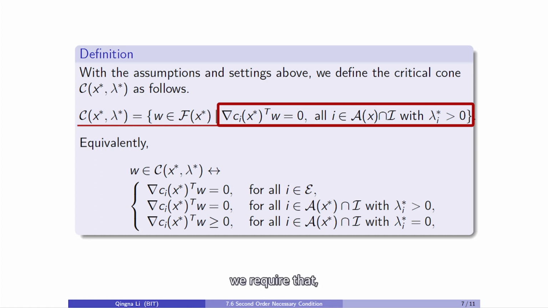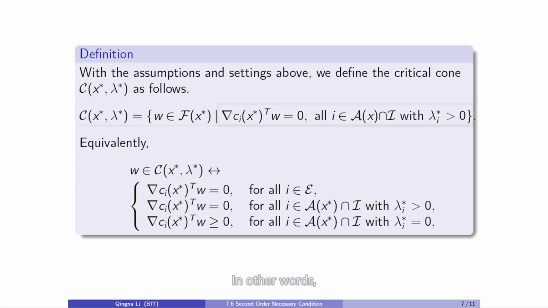Meanwhile, we require that in this case the corresponding Lagrange multiplier lambda i is strictly positive. So this set of directions will be the critical cone.